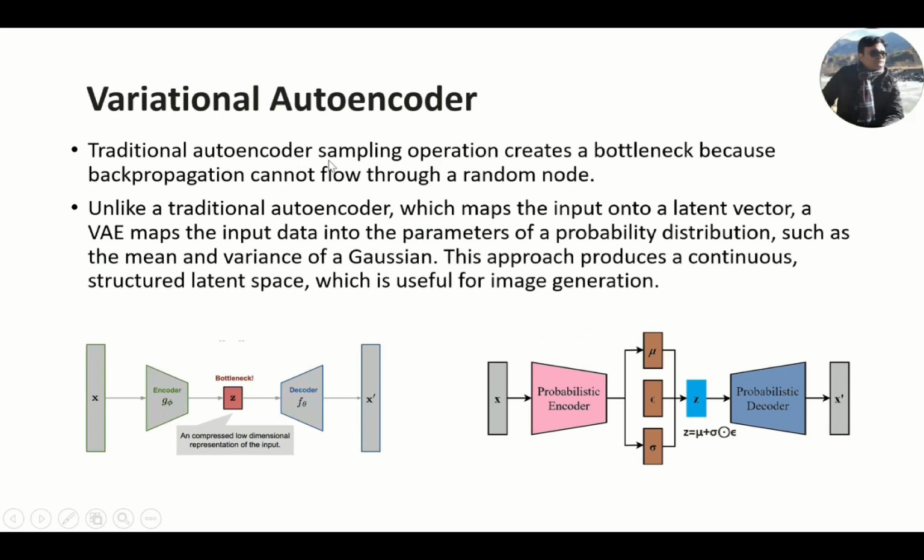So in a traditional autoencoder, the sampling operation creates a bottleneck because back propagation cannot flow through a random node. After the bottleneck, we have sample processing. So the problem is that we cannot run back propagation and push the gradient to the sampling nodes.